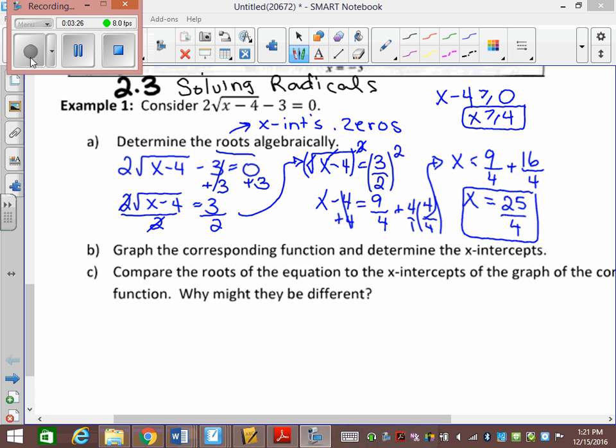Now is 25 over 4 greater than or equal to 4? I don't know. Put it in your calculator. 25 divided by 4 is 6.25. Are we good? Does it fit? Yes. Whenever you solve, remember you can always check by plugging in and seeing if the left side and right side are equal, then it works.